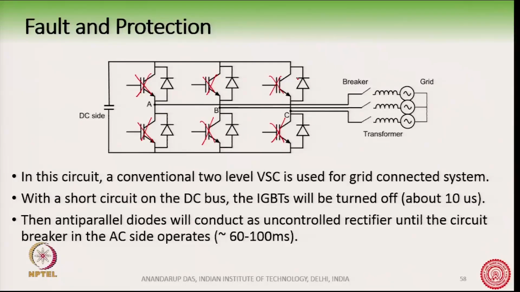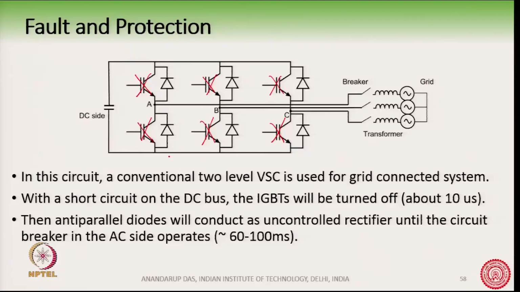So, therefore, what will happen? They will conduct, and the grid here will see an uncontrolled rectifier feeding to the DC bus. Okay. The current during this time can be very high.